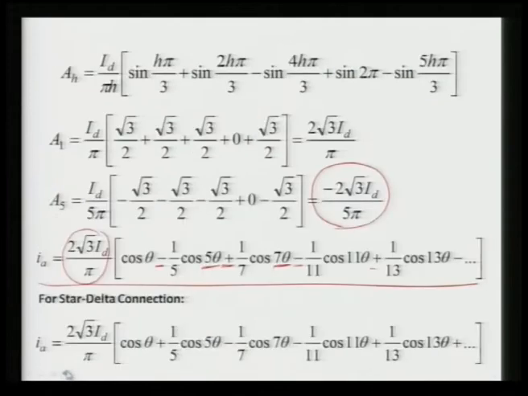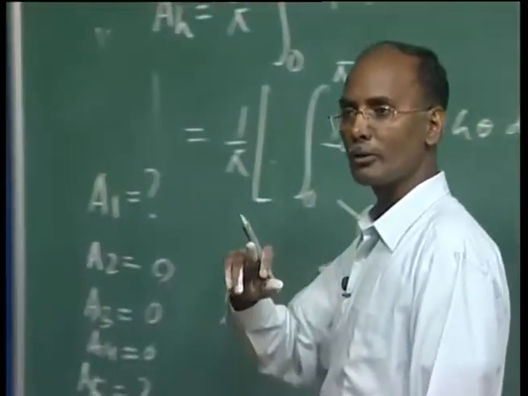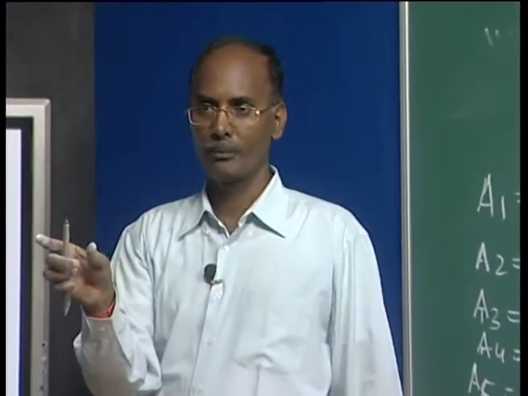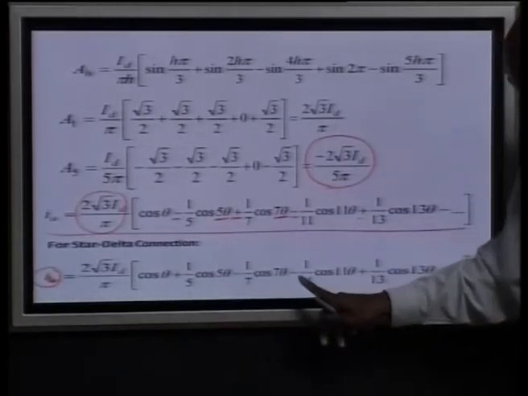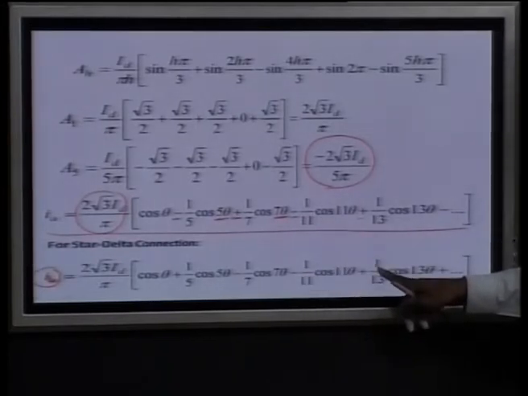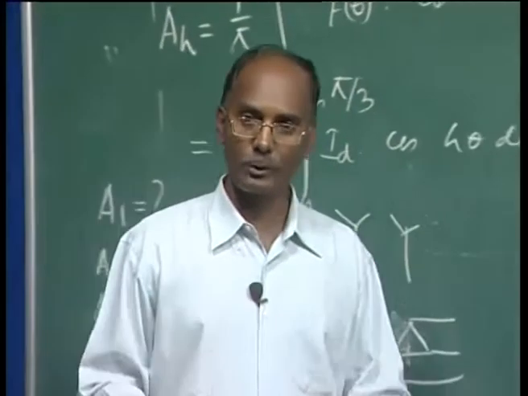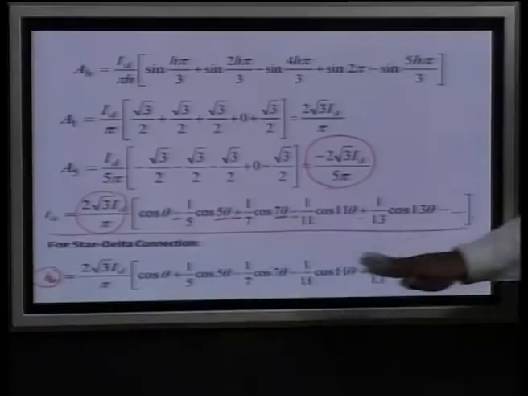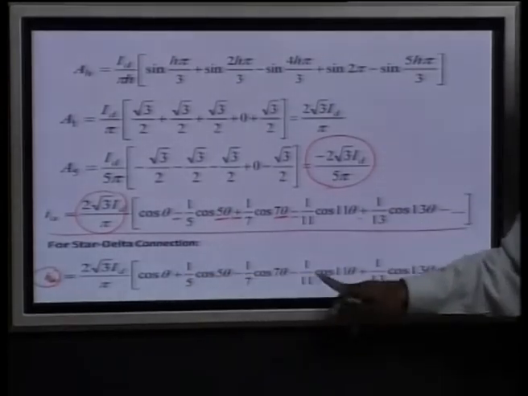Similar analysis can be done, and you will find the current IA, now I write capital I because it is star delta, and the components are changed because there is a shift of 30 degrees. So this component now becomes positive, and this component becomes negative, which was negative earlier. You can see the components are the same, the average value is the same, everything is the same; only the components which were earlier positive are now negative.